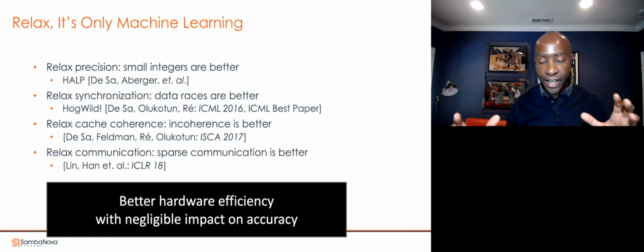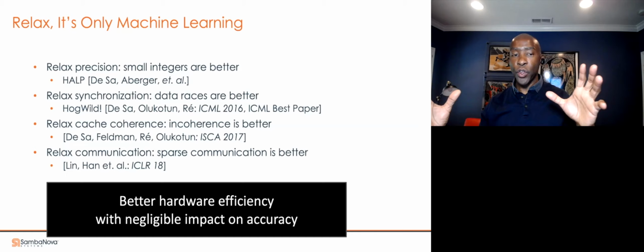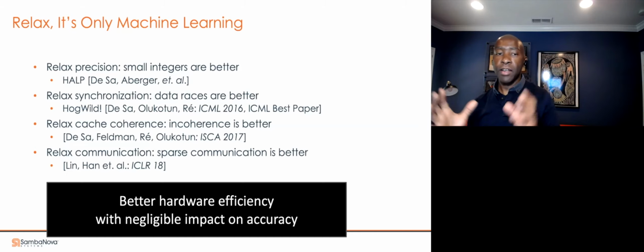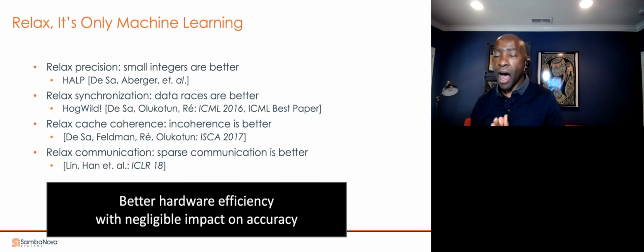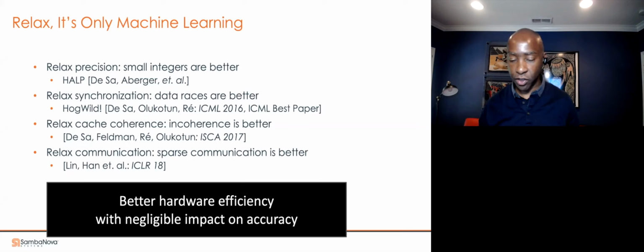And so the whole idea is that by doing this relaxation, you can get higher or better hardware efficiency, so more efficiency, but not adversely impact the accuracy of your algorithm, or the fact that it converges to the right answer.